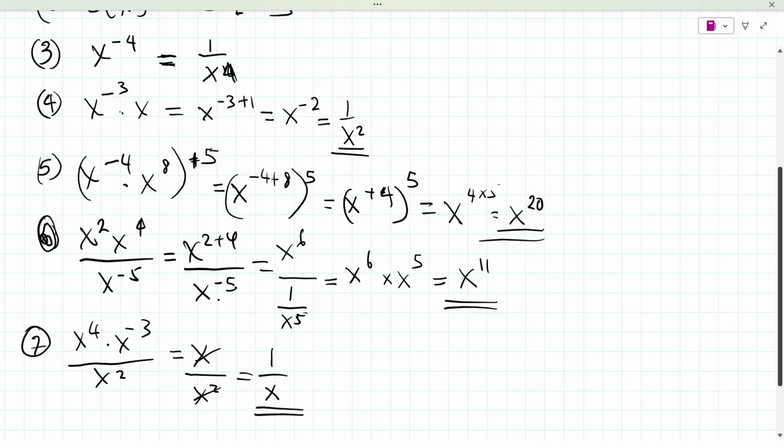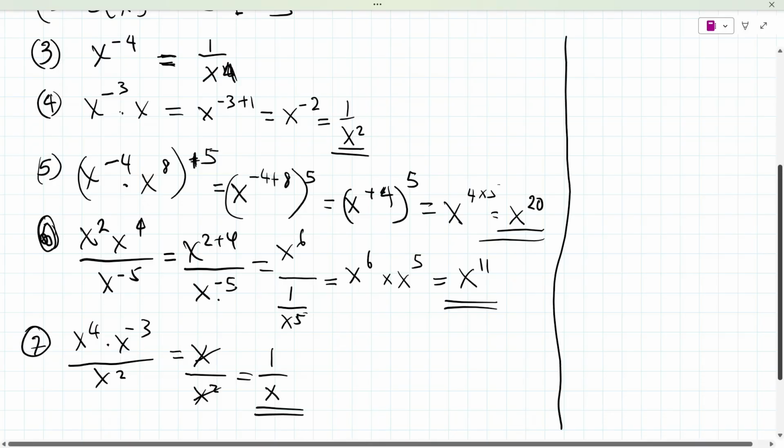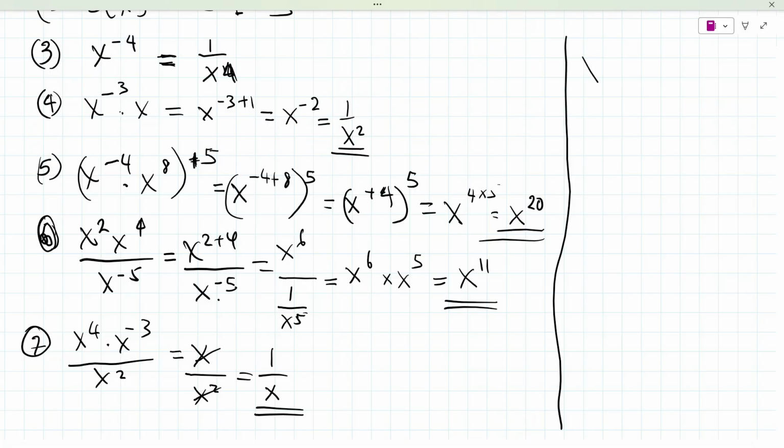That will be the final answer. And then lastly, but not least, let's have a much more complicated expression. x cubed multiplied by y to the power minus 2. All this is powered to minus 2. And this is being divided by x to the power minus 2 multiplied by y to the power 3.